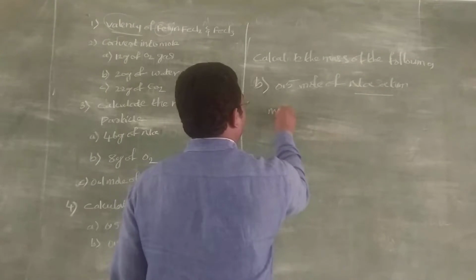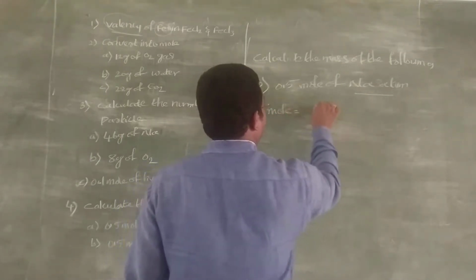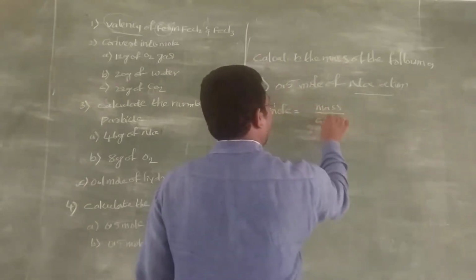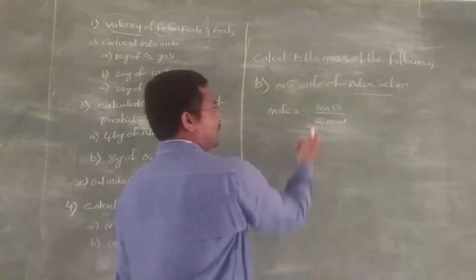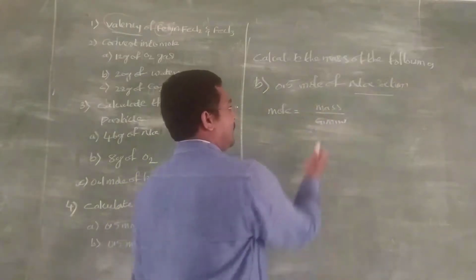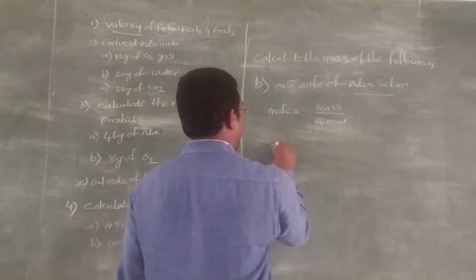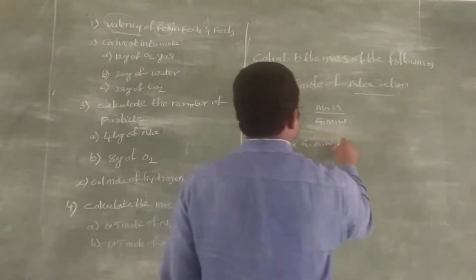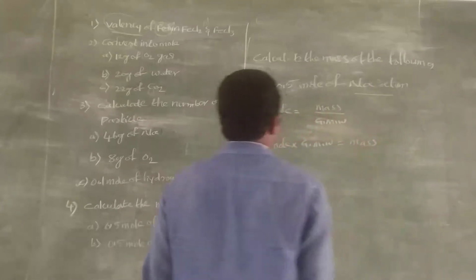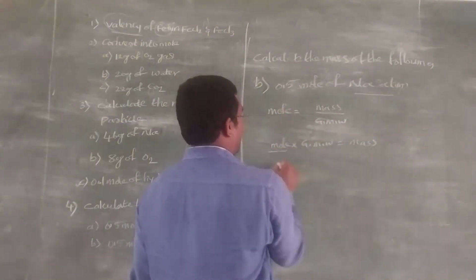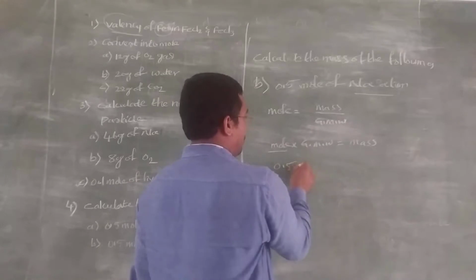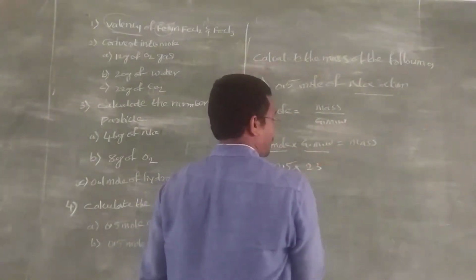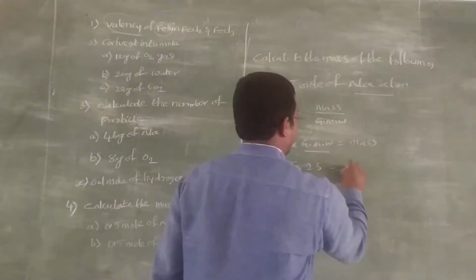So mole is equal to mass by gram molecular weight. Rearranging, we require mass, so the gram molecular weight goes to this side. So mole into gram molecular weight is equal to mass. The mole is 0.5, and the gram molecular weight of sodium is 23.